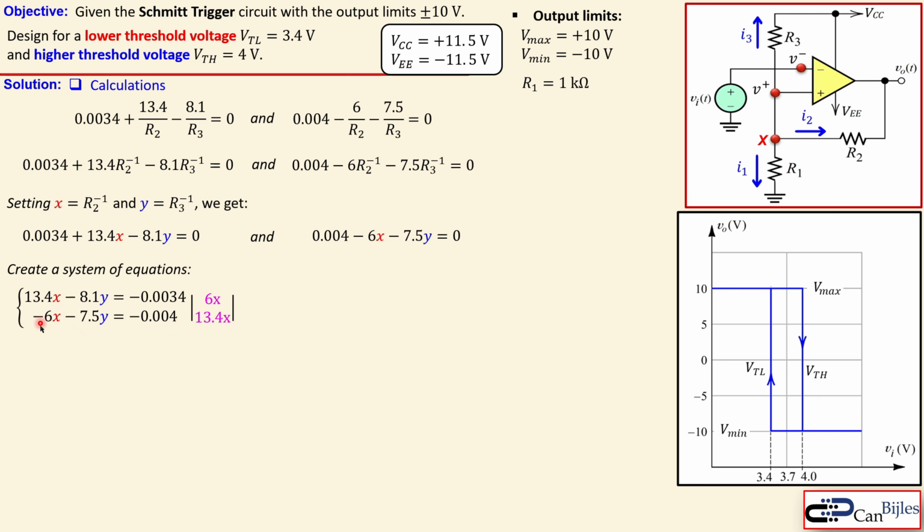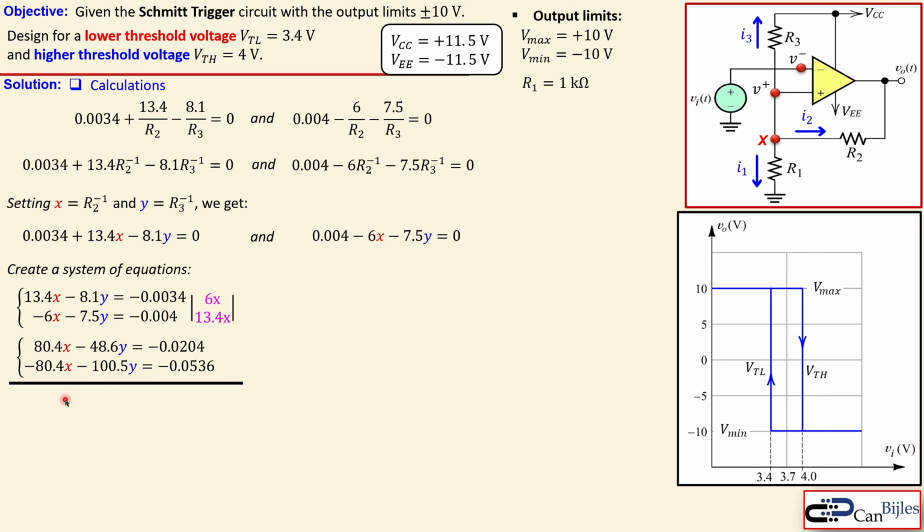Why? Then I have here the same coefficient, of course, with the inverse sign, and I can then add them up. So the result will be 6 times the whole thing here. So this is 6 times, this is 6 times, this is 6 times. You get here a result, so you can do the math for yourself. And I do now here 13.4 times each of the parts, and you get this. And I will now add them up, because when I add them up I will lose my x, because it will be 80.4x plus minus the same thing.